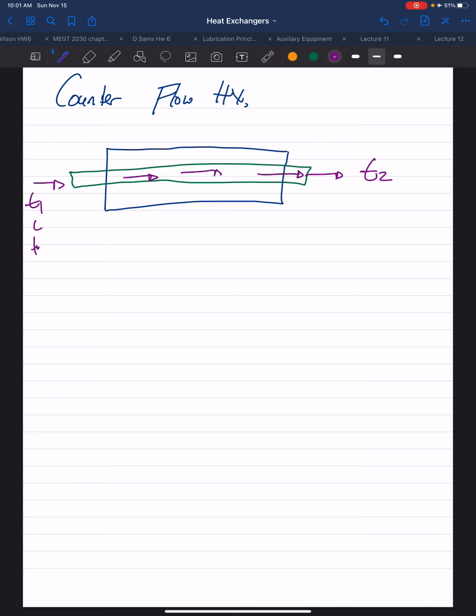Let's say tube side cooler fluid. And then this is counterflow. So in this case, the flow is not running parallel. So my entering T1, the temperature of the warmer fluid, flow direction is opposite to the direction of the cooler fluid. And my exiting fluid temperature for the warmer shell side fluid. So it's counterflow.